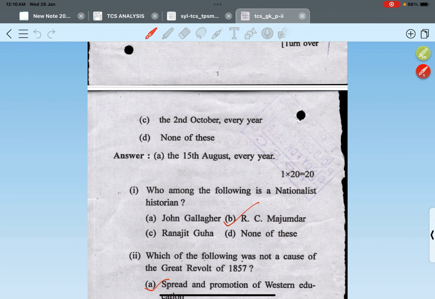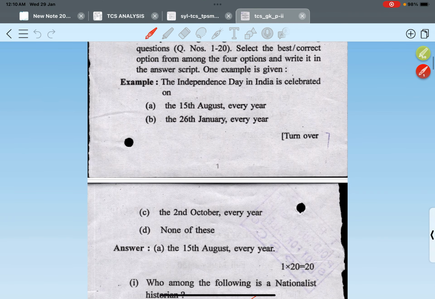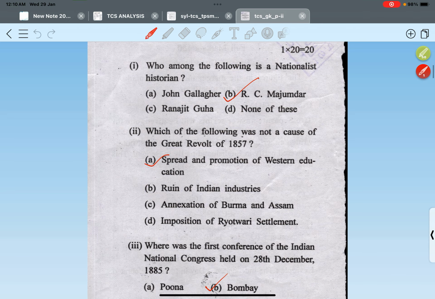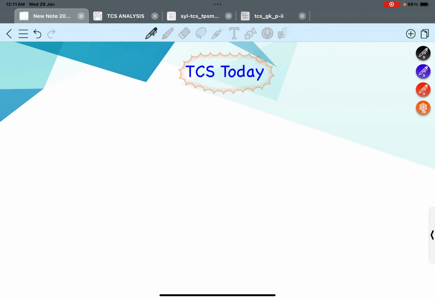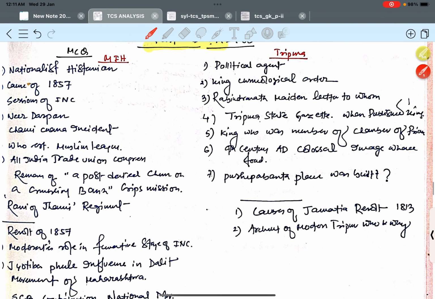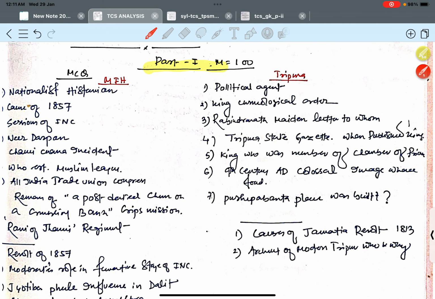Suppose here in part 1, let's understand how to analyze. They are asking: who among the following is a national historian, which means they are asking a question from national historian. So you will write the name of the topic, national historian, in a separate analysis sheet, marked MCQ.